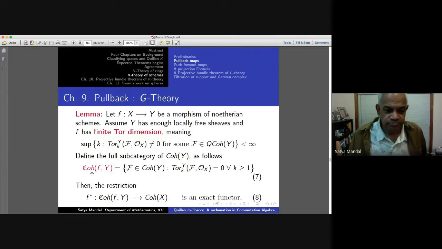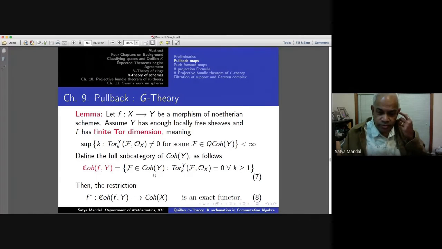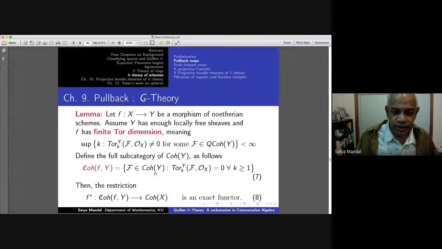I define a subcategory COH(f, Y), consisting of all F in COH Y such that Tor_k of F comma O_Y is 0 for all positive k.